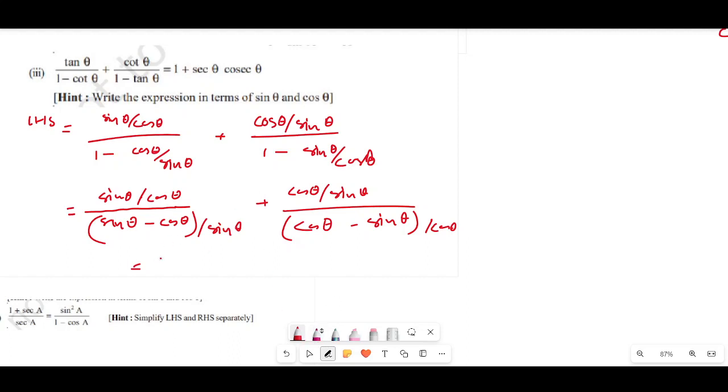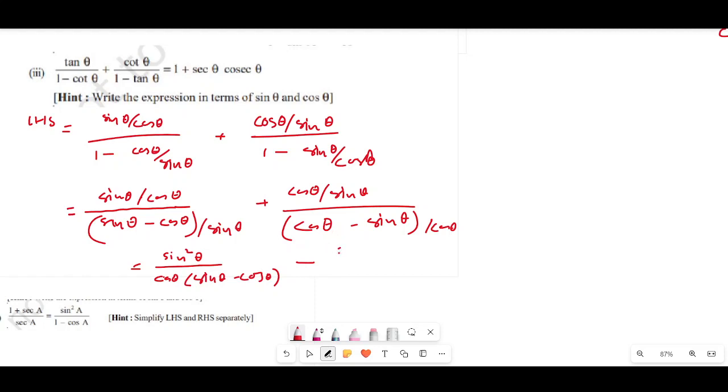Here if we simplify this, we can write sin square theta upon cos theta into sin theta minus cos theta. Clear? Now here we will take common minus.